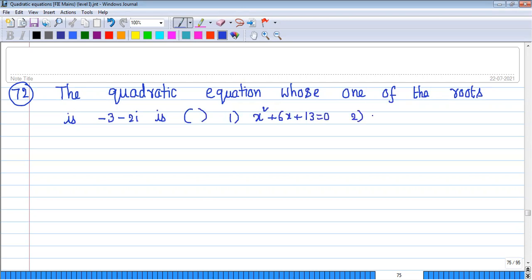Second, x square minus 6x plus 13 equals to 0. Third option, x square plus 6x minus 13 equals to 0. Fourth option, x square minus 6x minus 13 equals to 0.